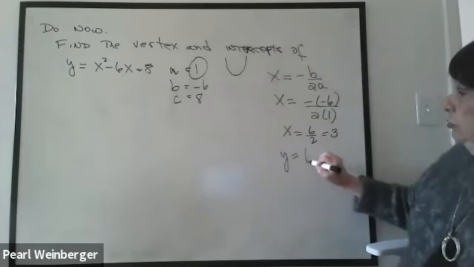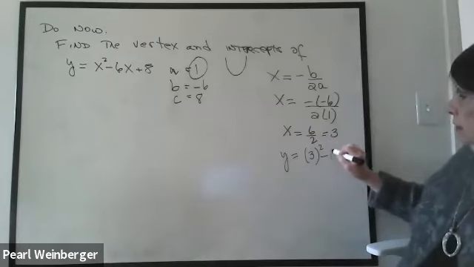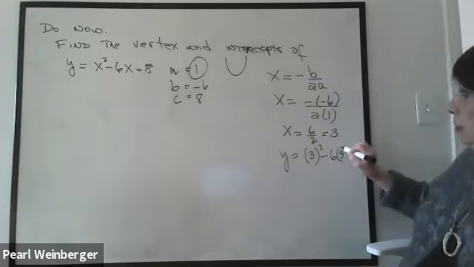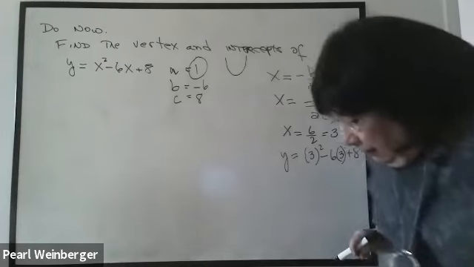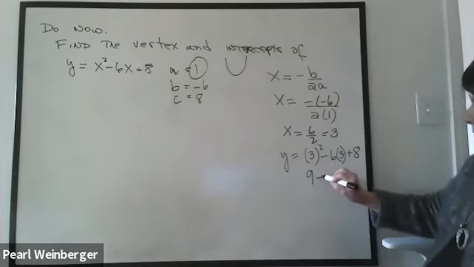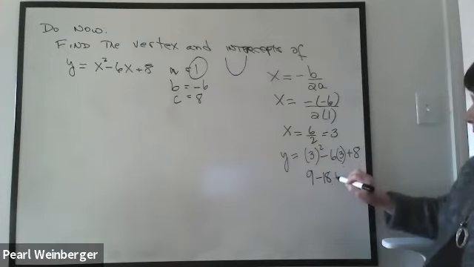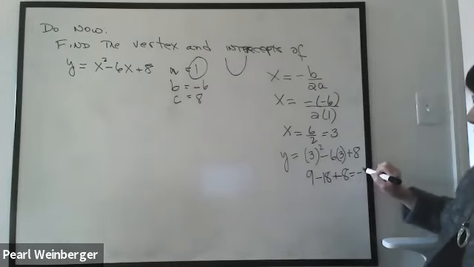And we find the y value by substituting this value of x back into the original equation. So we're going to do, here's my x squared, so it's 3 squared, minus 6 times 3 plus 8. And this gives me 9 minus 18 plus 8, which is -9 plus 8, which is -1.